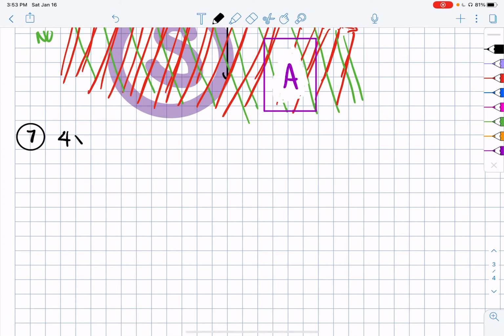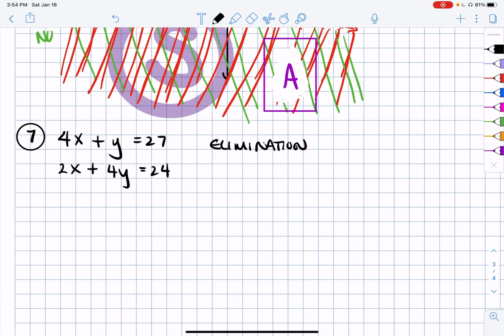Number 7 says 4x plus y equals 27, and 2x plus 4y equals 24. And I want you to do this via elimination.